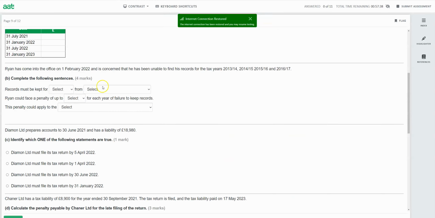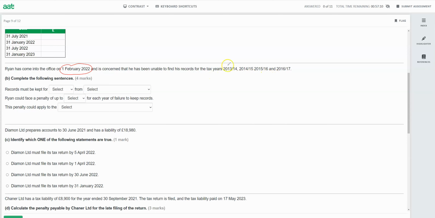So if we go back and have a look, Ryan has come into the office 1st of February 2022 and is concerned that he has been unable to find his record for the tax year 2013-14, 15, 16, and 17. Now when he comes on 1st February, you need to see from that year, if I go back 5 years, which ones I really have to keep by law.